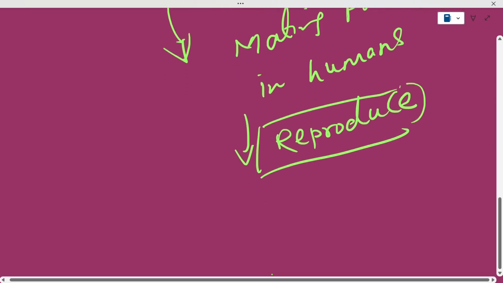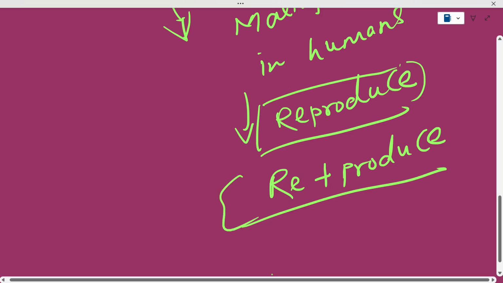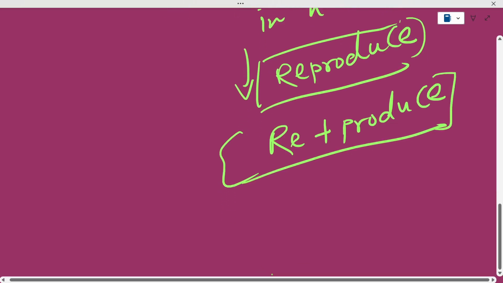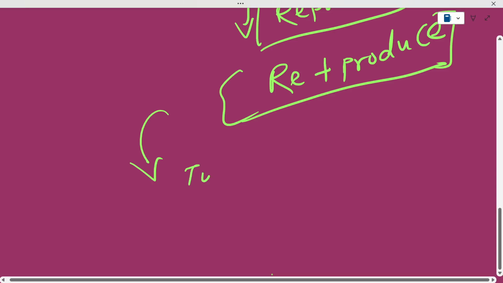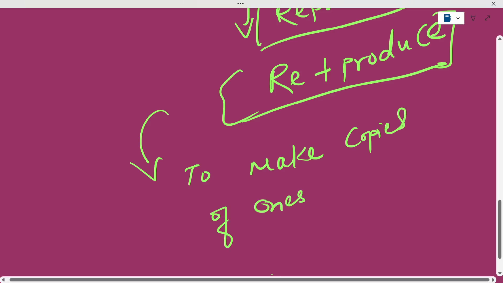So reproduce, the word which is made up of two root words, re and produce, which means to make copies of oneself.